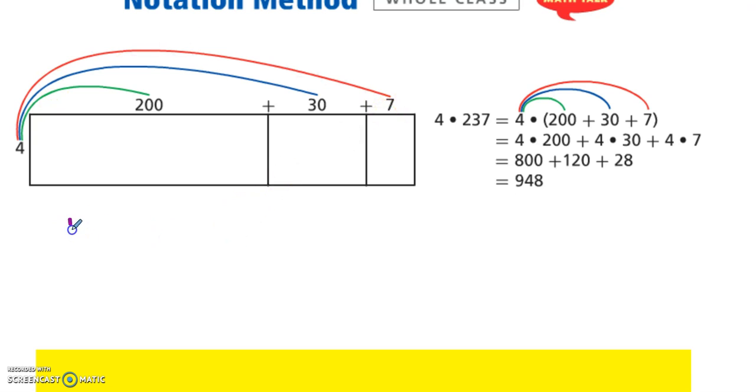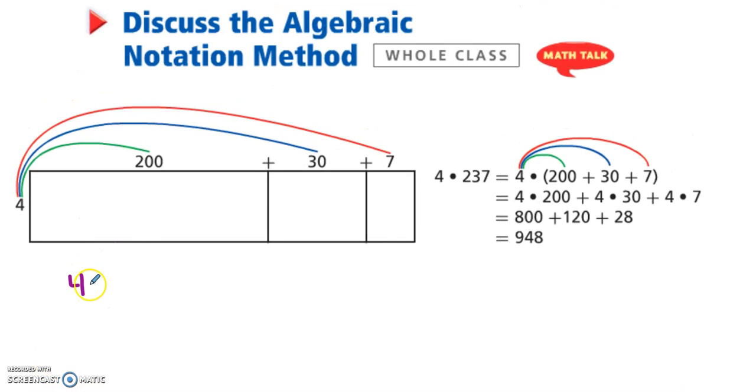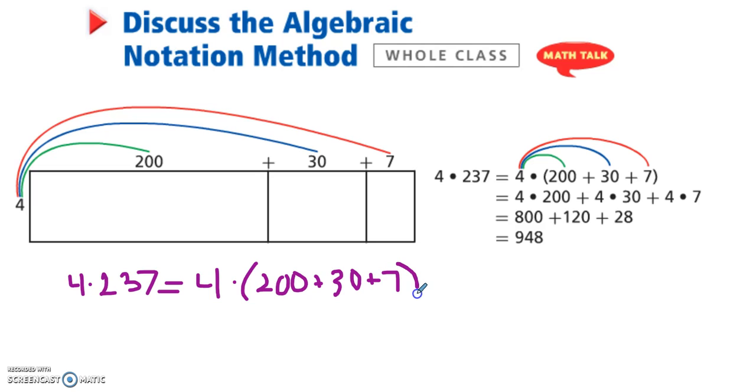Okay, so the way I'm going to do the algebraic notation method is I'm going to say 4 times 237 equals 4 times, and then I'm going to just break it apart like I have been doing: 200 plus 30 plus 7.